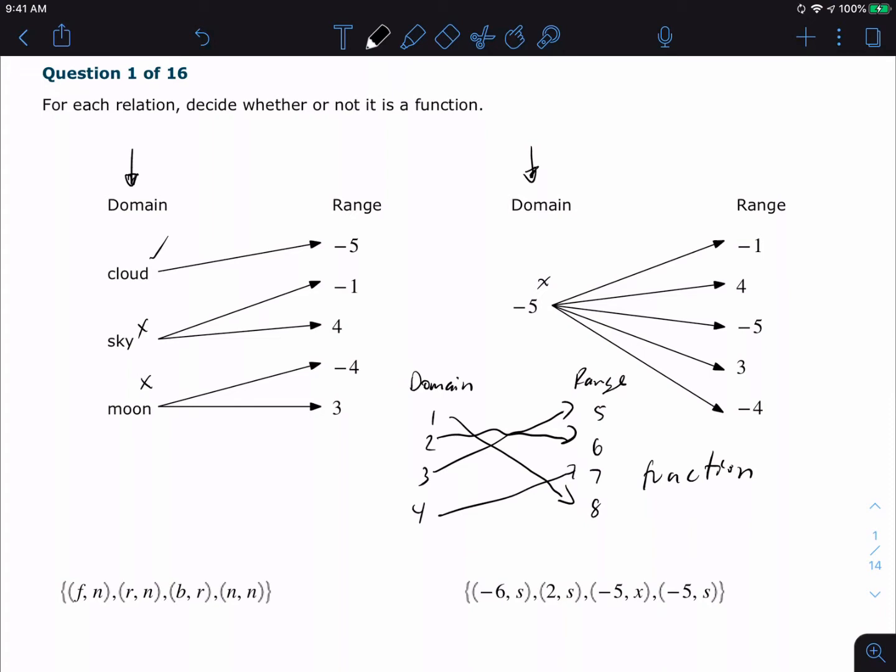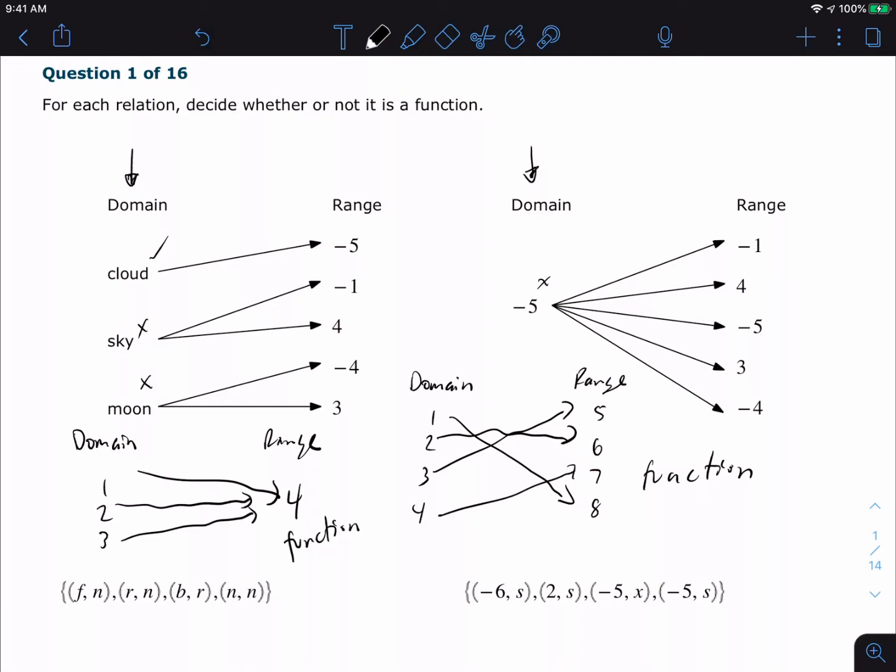Another example that would be a function is if I had, let's say I had 1, 2, 3, and if this is the domain and this is the range, if this went to 4 and 1 went to 4 and 2 went to 4 and 3 went to 4, that is a function.